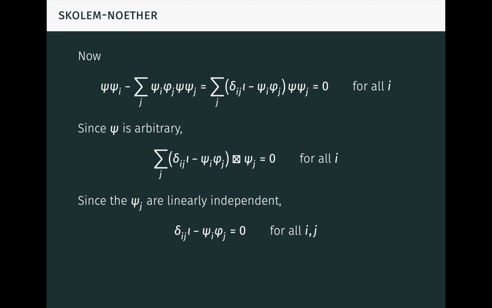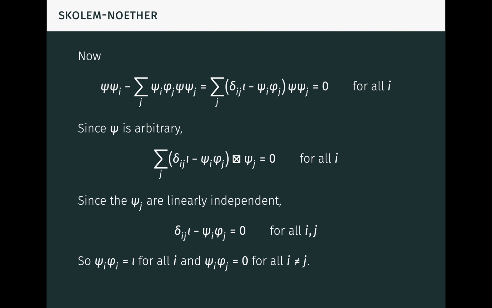Taking i equal to j in these equations, we obtain that psi i after phi i is the identity transformation, and hence phi i and psi i are inverses of each other for all i. On the other hand, for i not equal to j, psi i after phi j is the zero transformation. How is that possible?